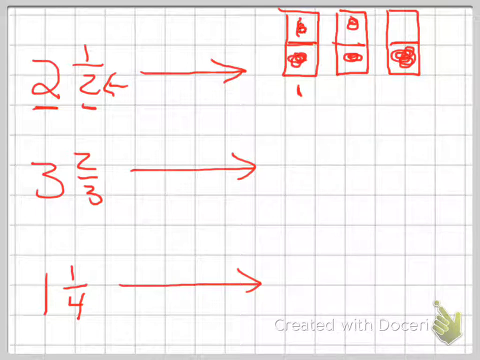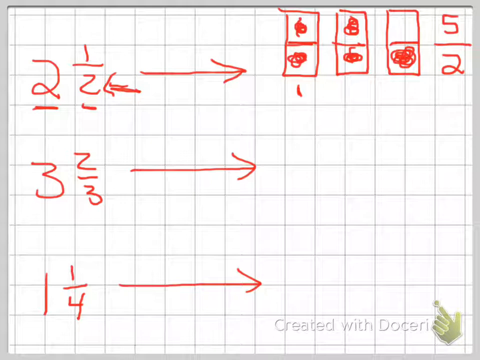So now, if we change that to improper fraction, remember the denominator, it's going to go in the denominator. And then what would go in the numerator? Well, you could count 1, 2, 3, 4, 5.